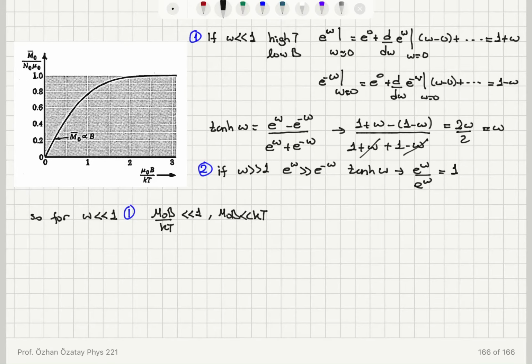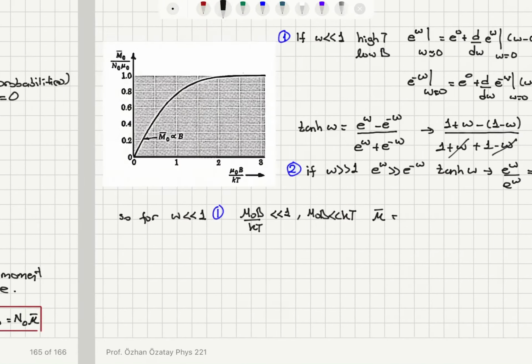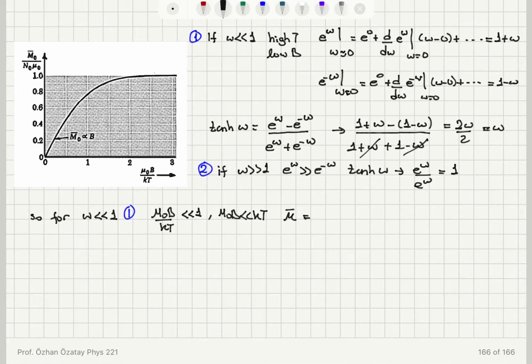In this case, my average magnetic moment, which was mu 0 times tangent hyperbolic omega, has now become mu 0 times omega, because tangent hyperbolic omega is omega in this limit. So this will be mu 0 squared B divided by kT.